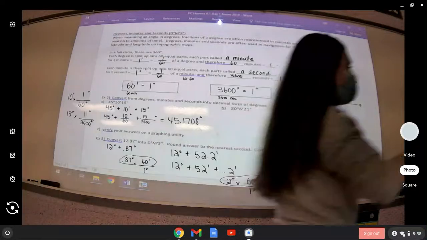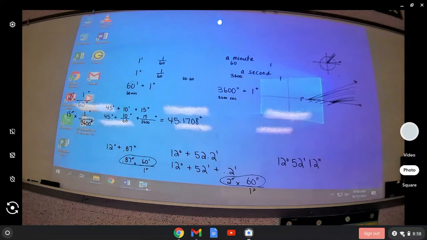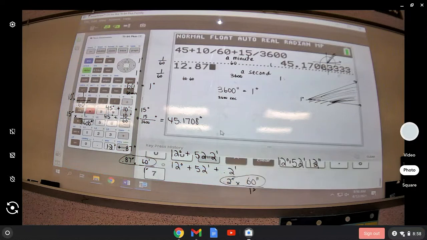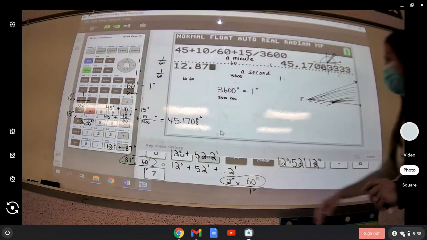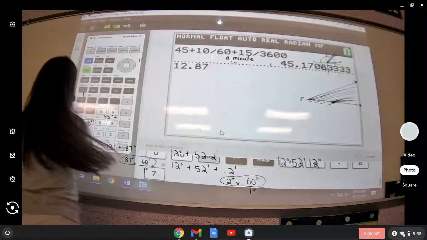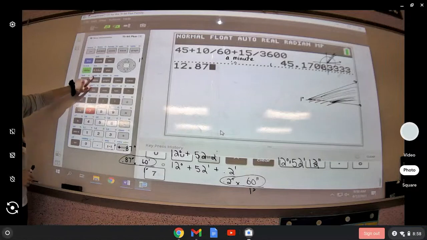All right, and now on your calculator, let me show you this, just so you can check it. I'm going to do the first one. Guys, if you put in 12.87, just type it on your screen. There's an angle button up here.